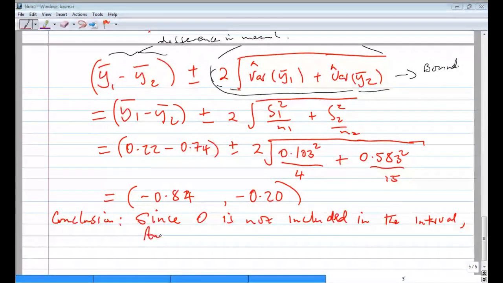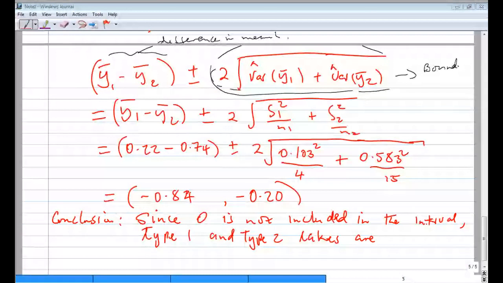So type 1 and type 2 lakes are significantly different.